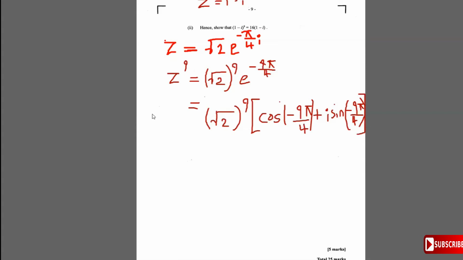Nice and easy. So that's z to the 9 in this case.